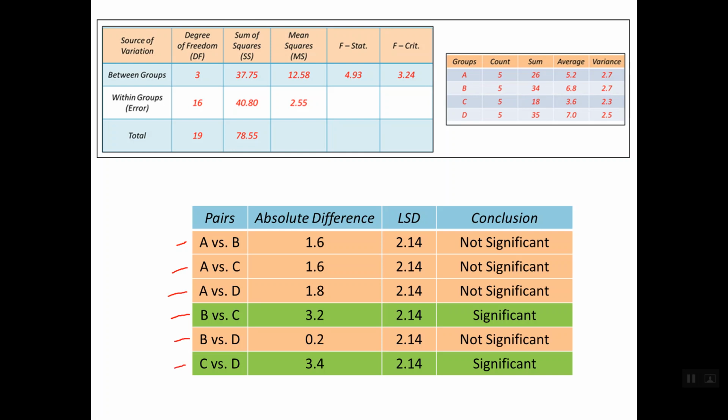For example, A versus B, the difference is 1.6, and this is the value of LSD, it's 2.14. So there is no significance. Same for pair A versus C, there is no significance, and A versus D, while for B versus C, the absolute difference between these two means is 3.2, and 3.2 is larger than 2.14. So we have here a significant difference.